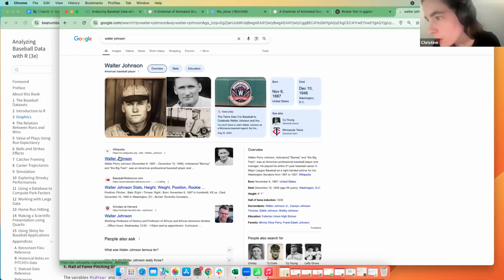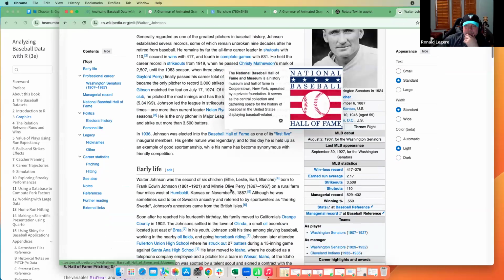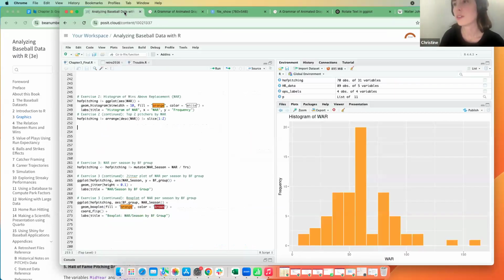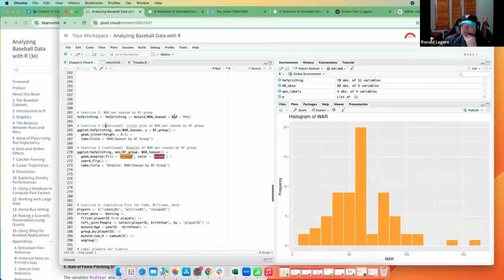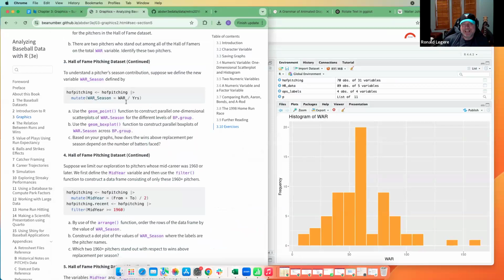Cool. He's the Big Train. Yeah, Walter Johnson, that's who it is. Confirmed. Wow, that's pretty cool. So Walter Johnson and Cy Young, you guys said. Most famous pitcher ever, right?